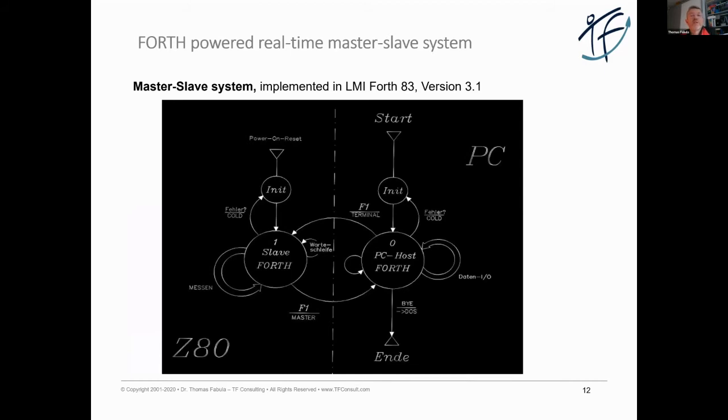What you can see here is a terminal program implemented in LMI FORTH 83. This was, I think, version 3.1. Maybe Peter, you know it, or the other guys. And we had a host here, and the slave system was running in its own mode, and we could trigger it and steer it from this PC.